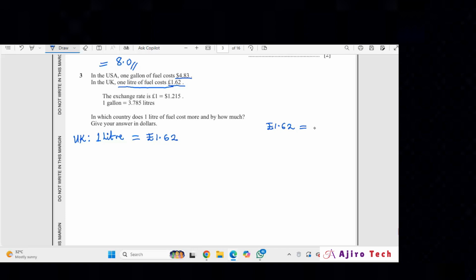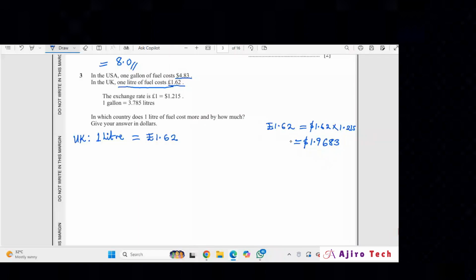I'm going to do this by multiplying 1.62 by 1.215, and when you multiply, it will give you 1.9683 in dollars. So I have converted the 1.62 pounds to dollars.